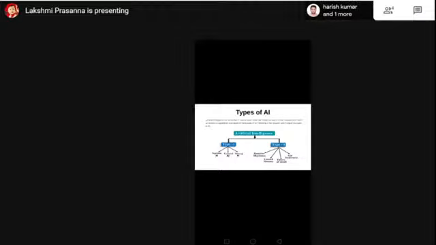Artificial intelligence can be divided into two types. One is based on capabilities, and type 2 is based on functionalities. In type 1, we are going to look into narrow AI, general AI, strong AI. In type 2, we are going to look into reactive machines, limited memory, theory of mind, self awareness.